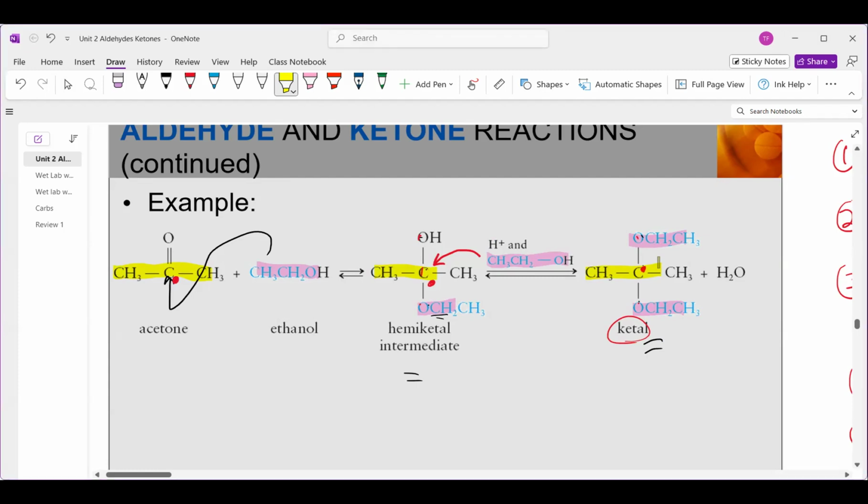I like the K's and the A's because the ketal, you know that it came from a ketone. If it just said acetal on both of them, you wouldn't know what you started with. So in my class, I stay with the ketal and acetal.